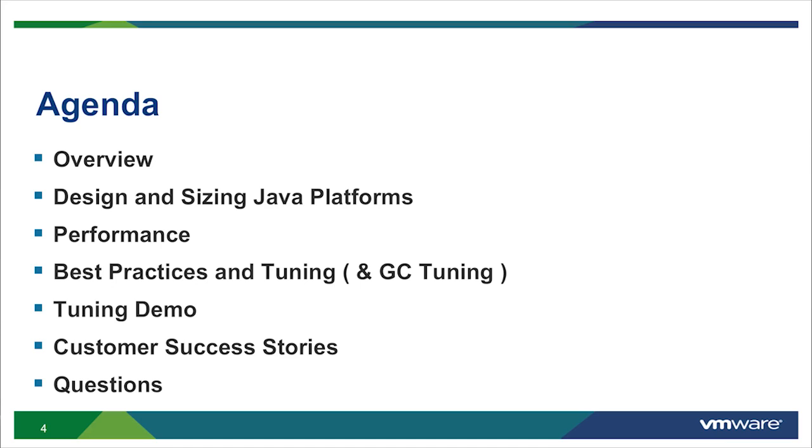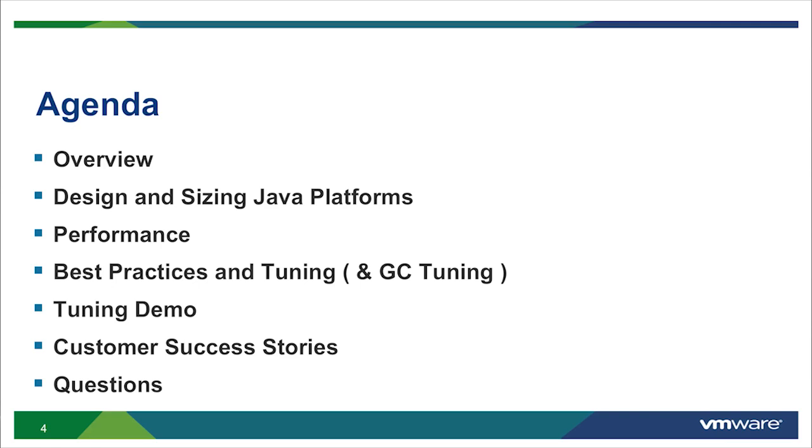So today's agenda will be an overview. We're going to get into design and sizing. Single most critical thing about Java platforms is knowing how to size them correctly, right? And then we're going to talk about performance, whether it's virtualized or not virtualized. What's the story behind performance? So we're going to show you some performance studies. We'll talk about best practices and GC tuning.